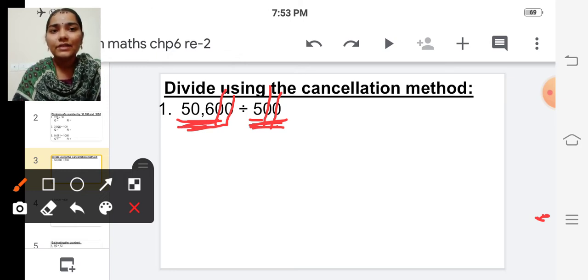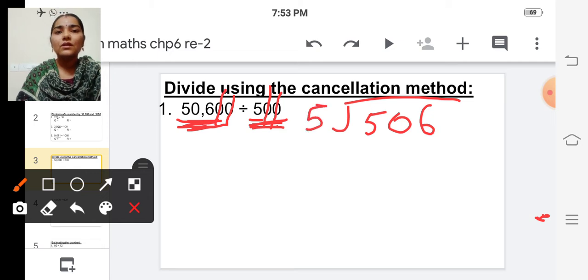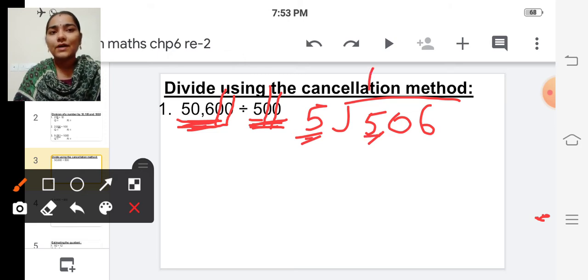Okay, shall we divide? So 506 divided by 5. Take the first digit, because the divisor is a single digit number, so we can consider the first digit of the dividend. Okay, so 5, 5. So 1 5 is 5. So 5 minus 5 is 0.